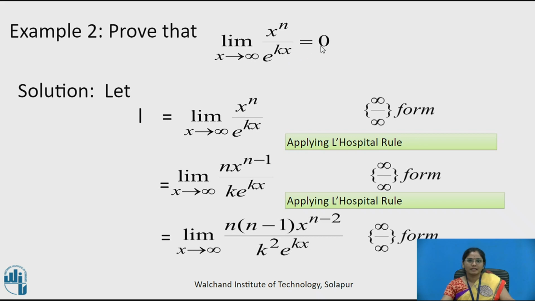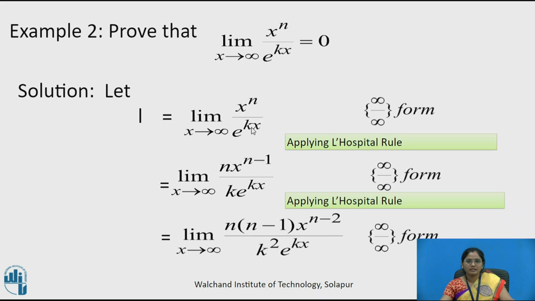Now, taking LHS and letting this as I, I get I is equal to limit x tends to infinity x raised to n upon e raised to kx. Now substitute the limit as x tends to infinity. What are you getting? Infinity to the power infinity is again infinity.